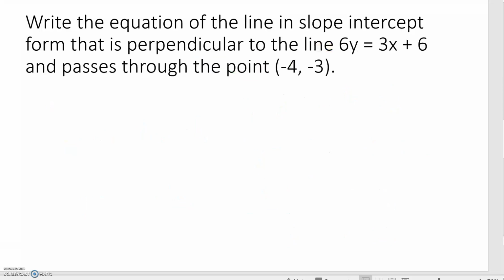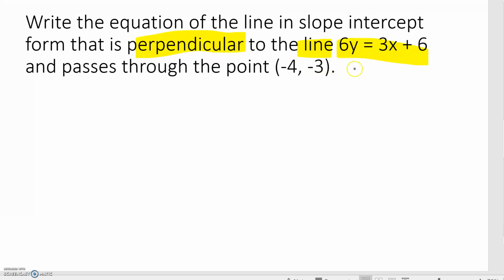Let's look at another example. Write the equation of the line in slope-intercept form that is perpendicular to the line 6y equals 3x plus 6 and passes through the point negative 4, negative 3. I notice that the given line is not solved for y.